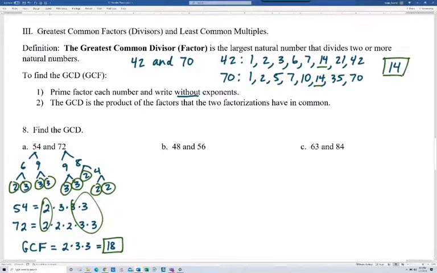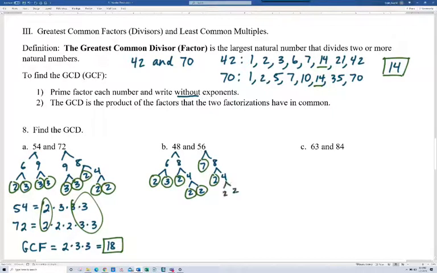All right, so on B, if you prime factor 48, let's go with 6 and 8. 6 is 2 times 3, which are both prime. 8 is 2 times 4, the 2's prime. And we can break the 4 down into 2 times 2. For 56, that's 7 times 8, and 7 is prime. We can break down the 8 into 2 times 4, and the 2's prime.